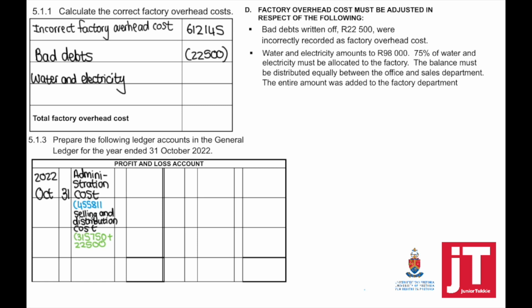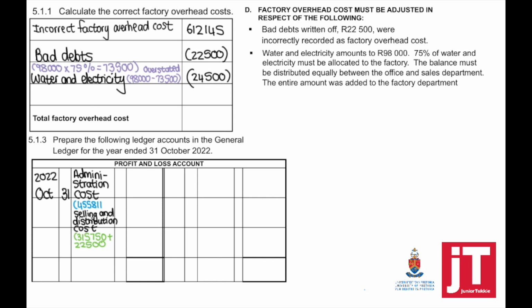So starting with the factory overhead cost with the water and electricity, 98,000 times 75% means that 73,500 should have been allocated to the factory overhead cost. Instead, 98,000 was allocated. So we have overstated the amount by 24,500, which means we're only going to take out 24,500.